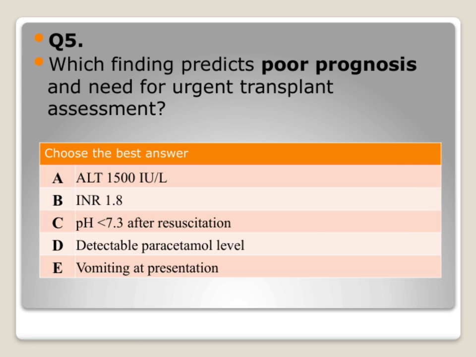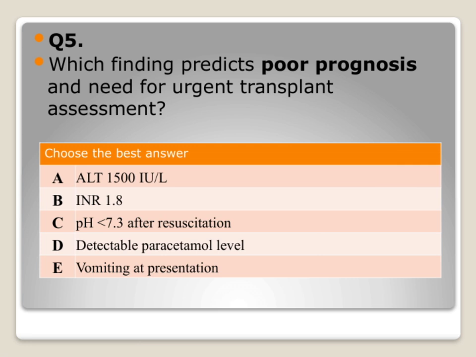This is a critical sign that the patient's condition is worsening and may require urgent intervention. Detectable paracetamol levels, especially if within the therapeutic range, may not be as alarming unless there's evidence of overdose. And vomiting at presentation, while concerning, is quite common in many cases and doesn't directly predict prognosis severity.